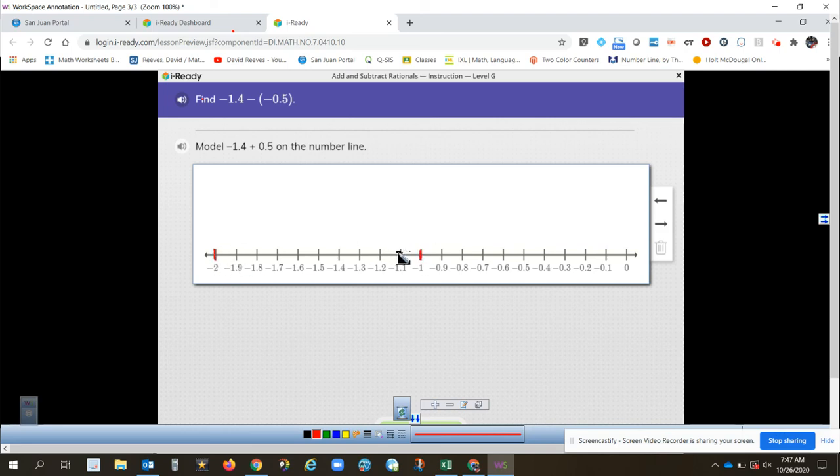If we count how many lines there are, 1, 2, 3, 4, 5, 6, 7, 8, 9, 10. So each of these is a tenth. So this is -1 and 1/10, right? If we were writing these as mixed numbers, -1 and 2/10, -1 and 3/10. But now we're working in decimals.